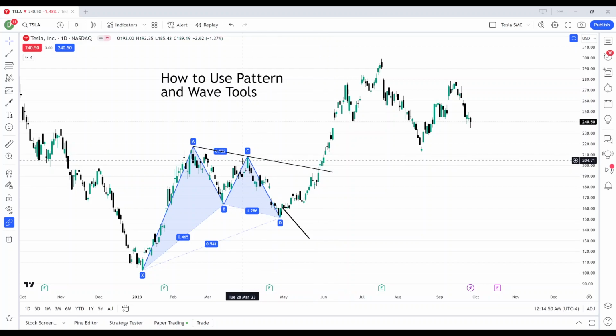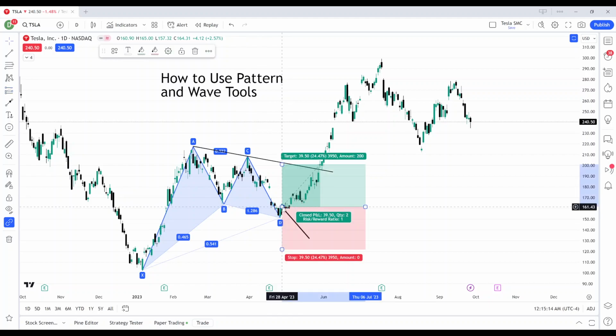If this point was higher before it went lower, your trend line would be different and you'd have a higher target. But this again just gives us a pattern formation of something to look for as far as where we're going to look to target as an entry and exit.